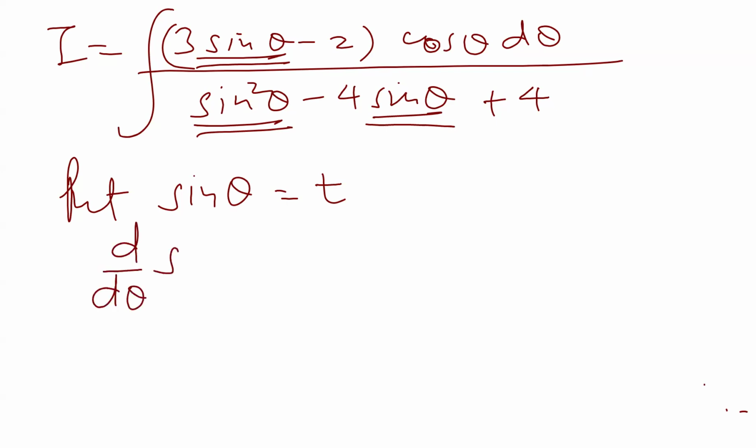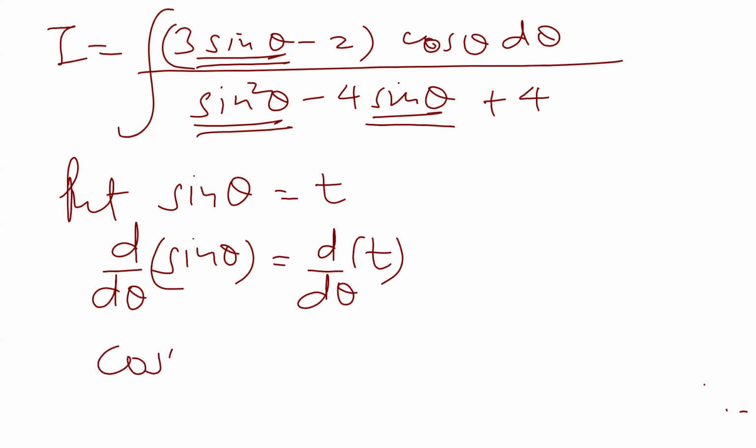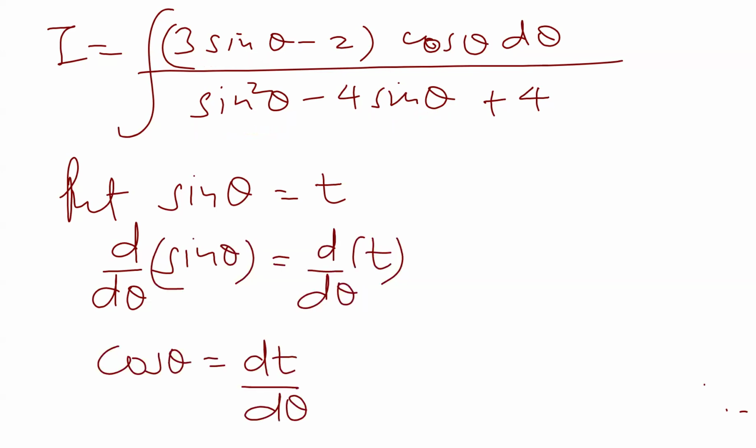So d by d theta of sine theta. Whenever we do method of substitution, we derive it with respect to the left hand side variable. Left hand side variable is theta. So derivative of sine theta is cos theta dt by d theta. Now look at the integration term which is written over here.